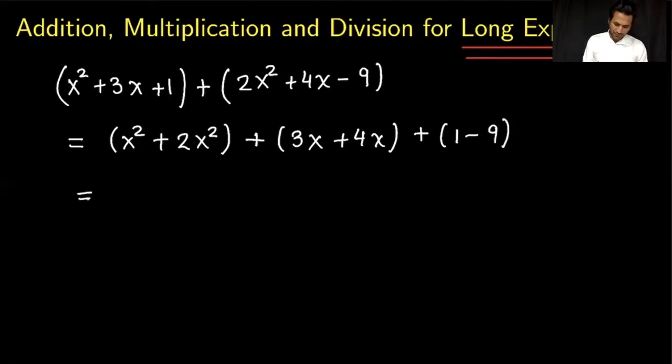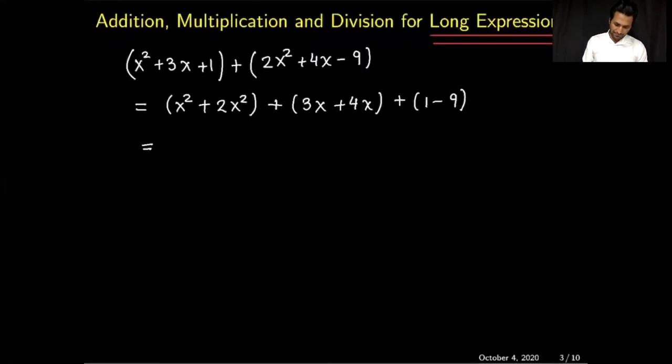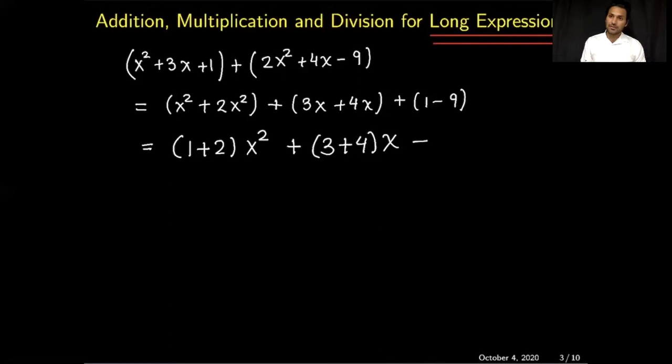So now I can use the previous method to add them. These will be added as 1 plus 2 x squared. In a similar manner I can add 3 and 4 and multiply by x outside. And this is the simple subtraction between 1 and 9, which is negative 8. So this will give me 3x squared plus 7x minus 8.